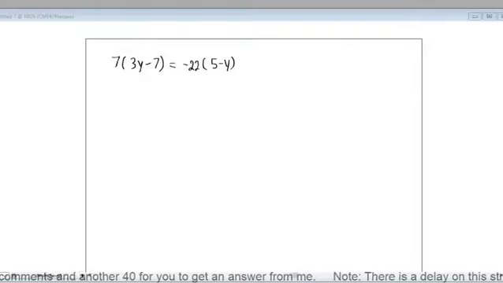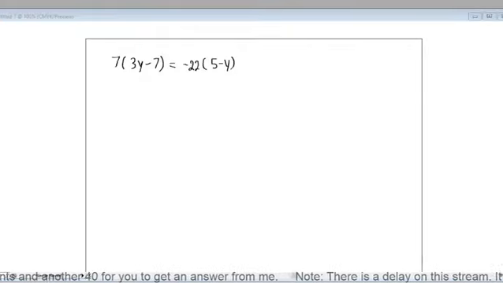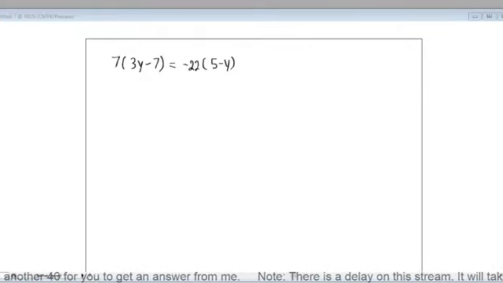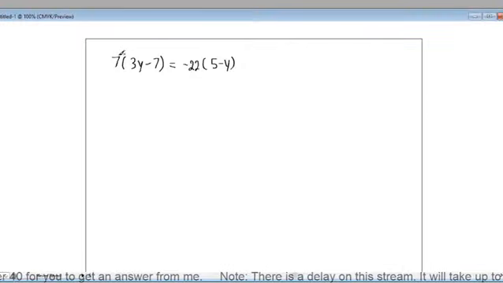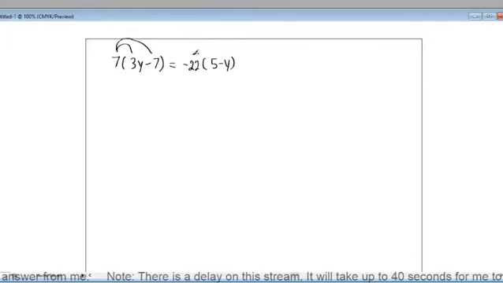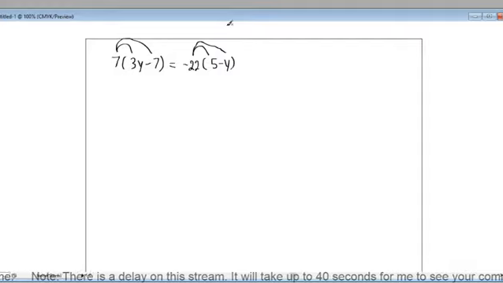So we're going to need to use our distributive property to do that. So first thing is 7 gets distributed into here, and negative 22 is going to get distributed into here.